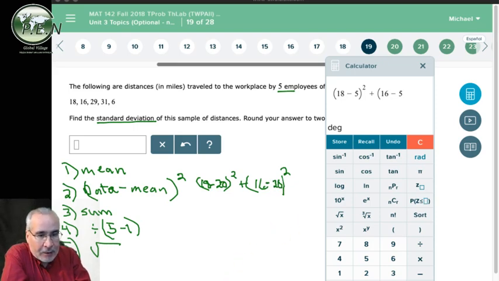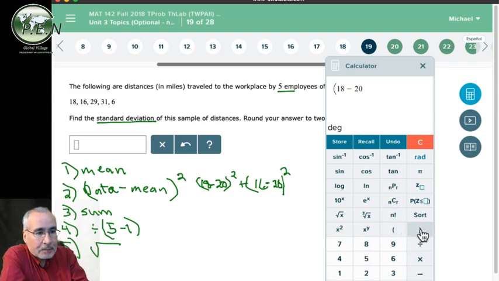And I'm doing the same sort of thing here, working these without prior working them, so that you can see possibly mistakes that I make. So let's clear this out and start over. 18 minus 20, that's the mean. We're going to square that, and add to that 16 minus 20, square that.